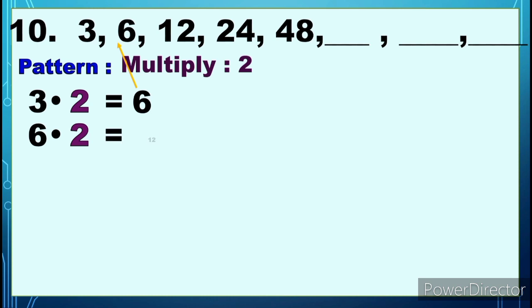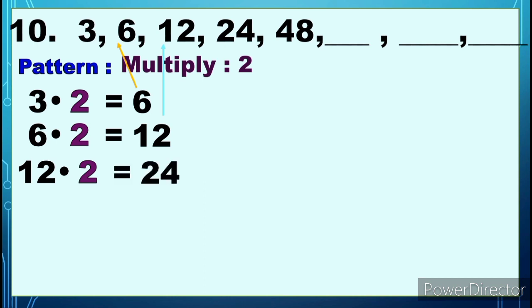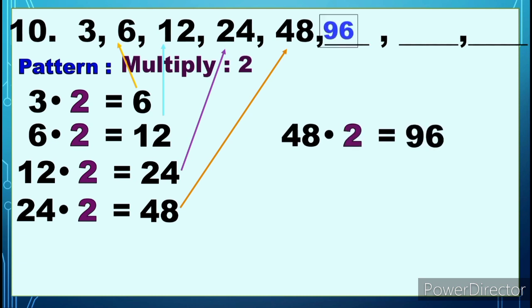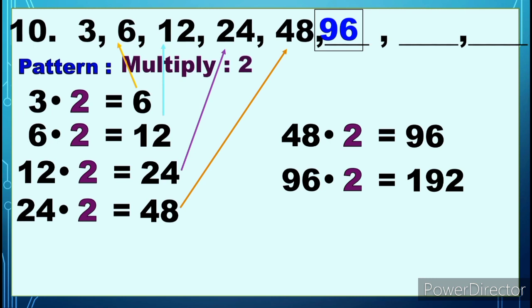Then 6 times 2 equals 12. Okay, then 12 times the pattern 2 equals 24. And 24 times the pattern 2 equals 48. Okay, therefore, the next term, 48 times 2 equals 96. And followed by 96 times the pattern 2 equals 192.